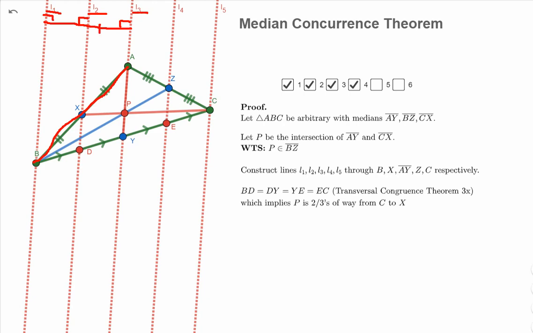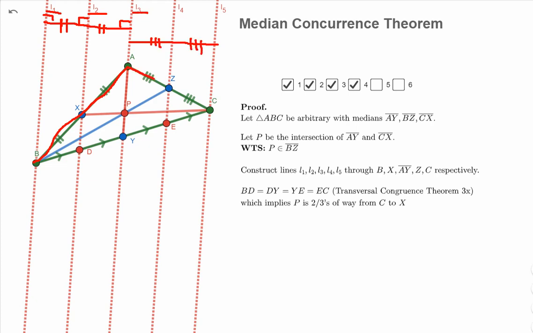I know that these segments up here are congruent. Why? Because this segment will be a transversal, and by the lemma, we'll know that these segments are congruent. And then it's also true for this, that I'll have congruent segments here.